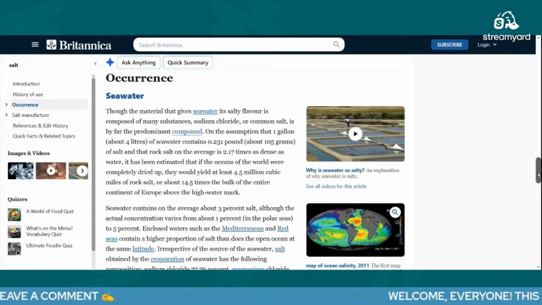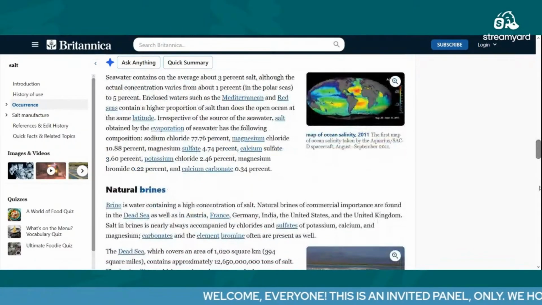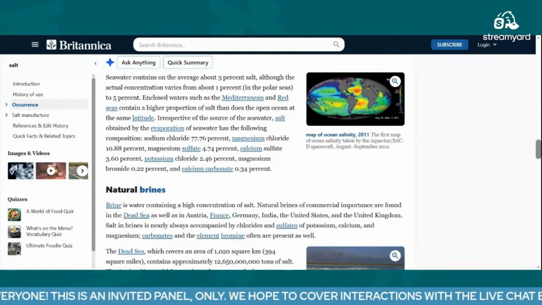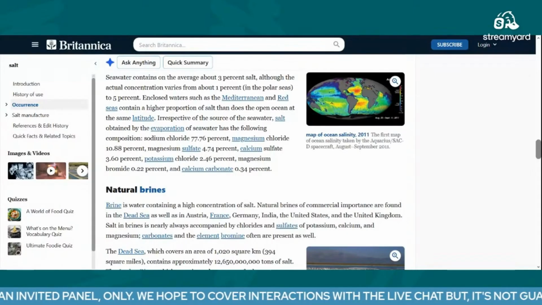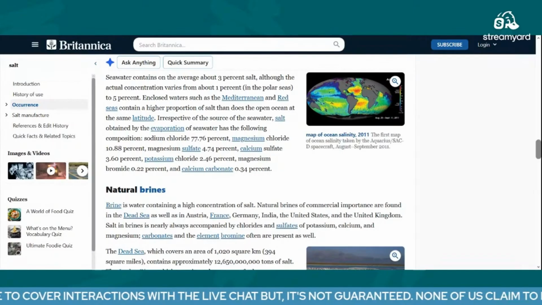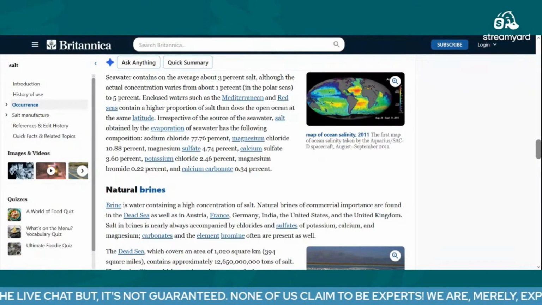Seawater contains on the average about 3% salt, although the actual concentration varies from about 1% in the polar seas to 5%. Enclosed waters such as the Mediterranean and Red Seas contain a higher proportion of salt than does the open ocean at the same latitude.